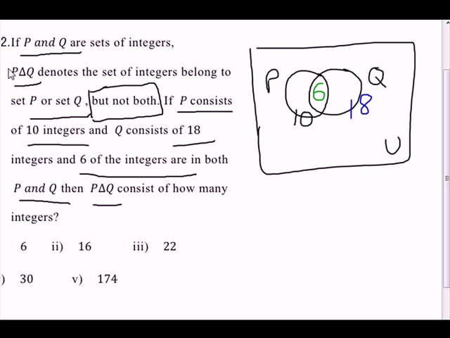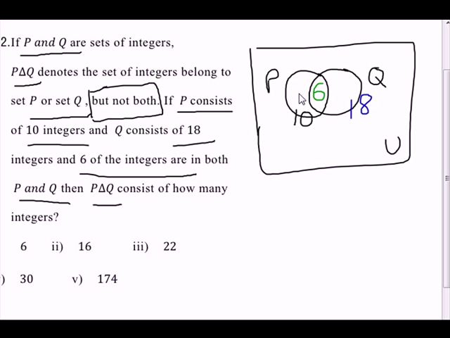So the question is asking us to find P triangle Q, elements that belong only to P or only to Q but not to both.